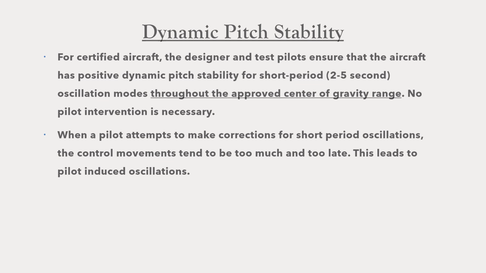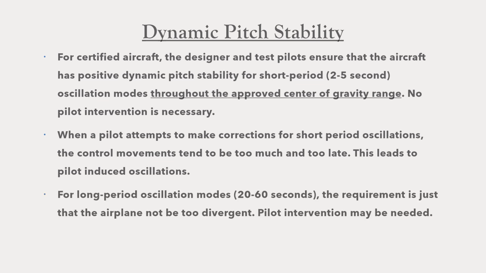By the time the pilot reacts to that by pushing forward on the yoke or the stick, the nose was already coming back down due to its own stability, and the pilot's input just causes it to go past the equilibrium by even more and create an unstable situation. This is called a pilot-induced oscillation. So the best thing to do if that starts happening is just to hold the controls steady and let things settle out.